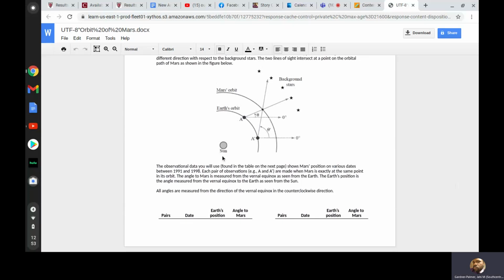Okay, so we want to use our ratio where we know that 5 centimeters is 1 astronomical unit. Then we want to do some math to see how many astronomical units 7.5 centimeters would be. And in my calculations, that would be about 1.5 astronomical units for Mars's semi-major axis.